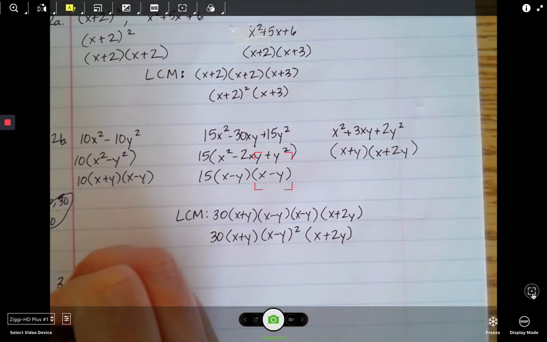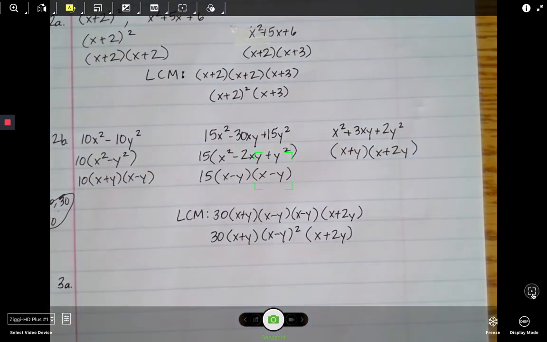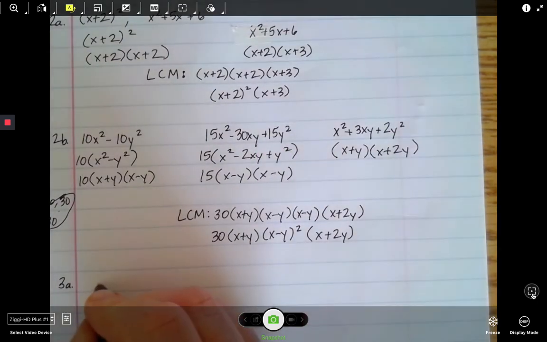All right, two more examples and then we'll be done for the day. All right, so we have to start by factoring if need be.